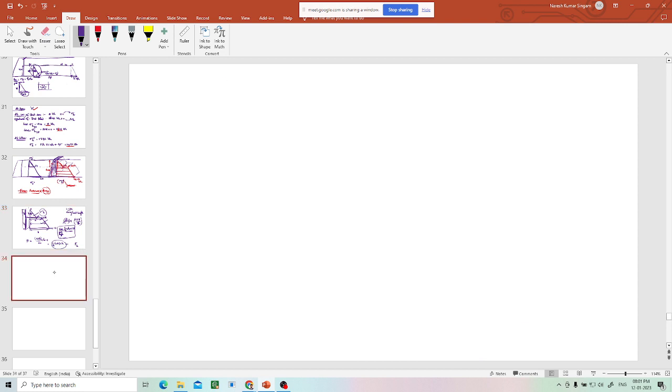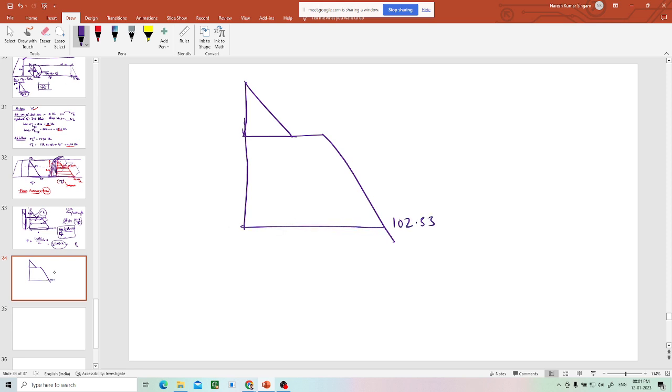So now what will I do? I know the pressure diagram. Pressure diagram is something like this, 26.46, and this is 18, this is 0. So what will I do? I don't calculate total force at a time.